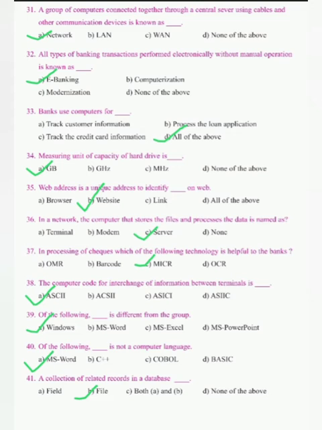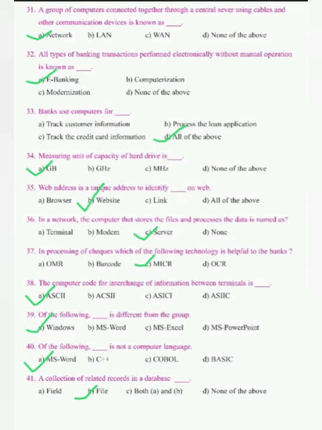Answer: server. In processing of checks, which of the following technology is helpful to the banks? A. OMR, B. Barcode, C. MICR, D. OCR. Answer: MICR. The computer code for interchange of information between terminals is what?